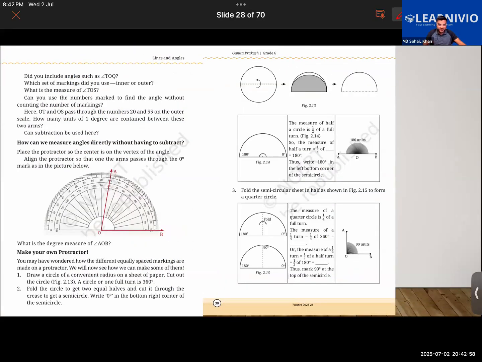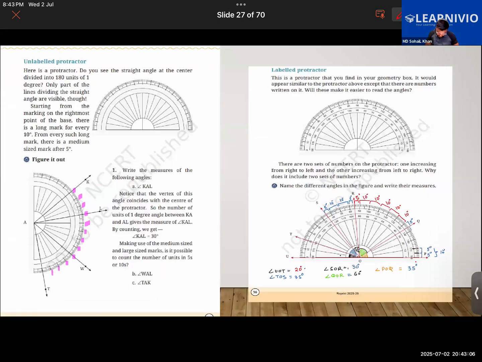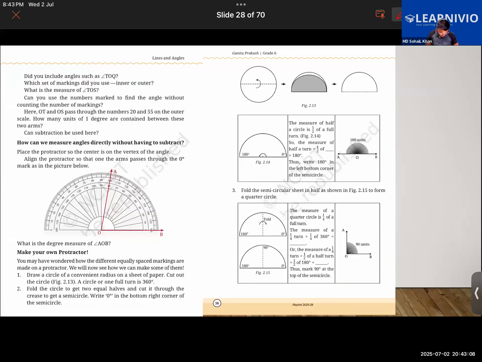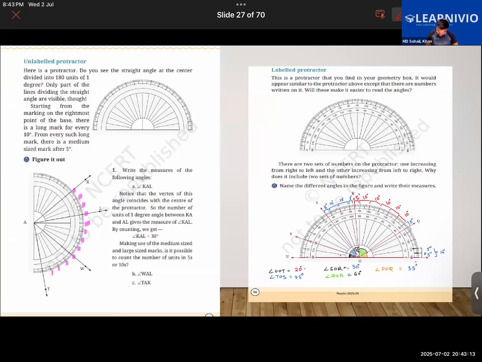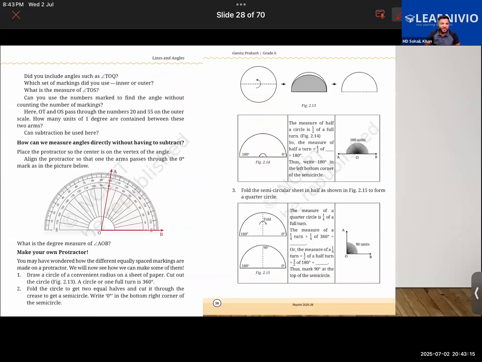Further in the answer, it is mentioned that did you include angles such as TOQ? It's from the follow-up page, no? So now here it's saying that did you include angles such as angle TOQ? Which set of markings did you use, inner or outer?